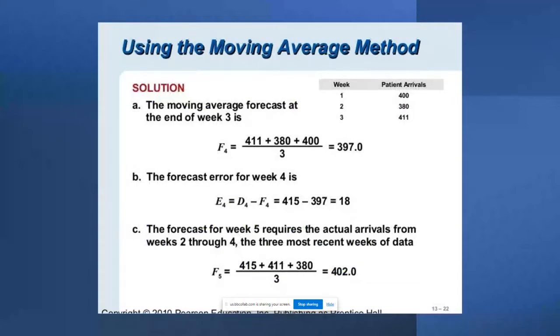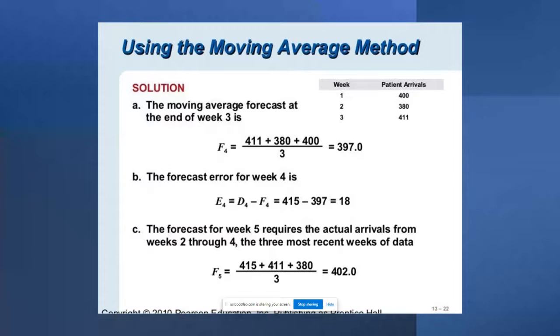So let's try an example here. So we have patient arrivals week 1, week 2, week 3. 400 in week 1, 380 in week 2, 411 in week 3. The average for those 3 weeks is 397. So that's our forecast for week 4.